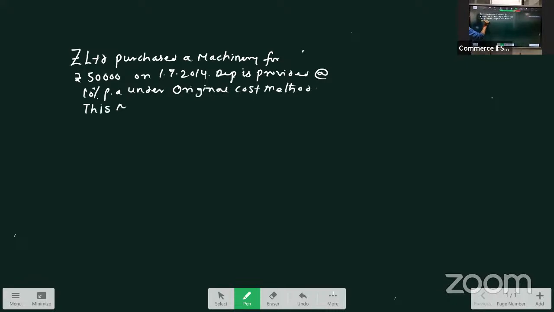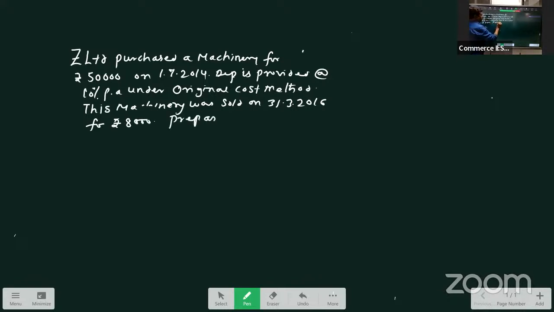This machine was sold on 31st March 2016 for rupees 11,500. Let us take for rupees 8,000. Prepare machinery account.